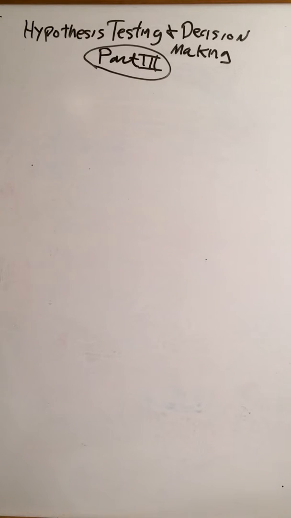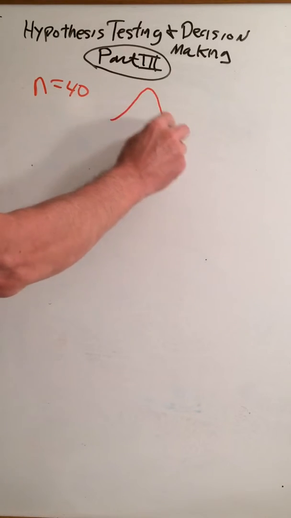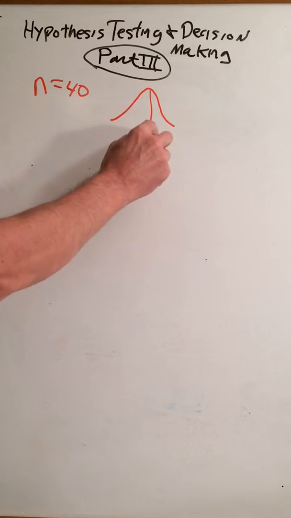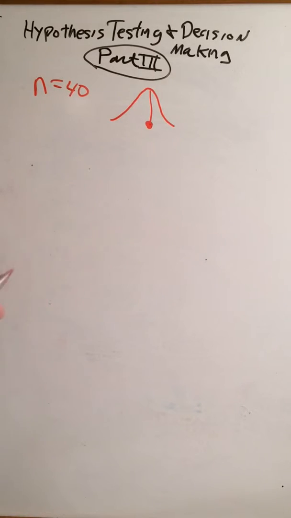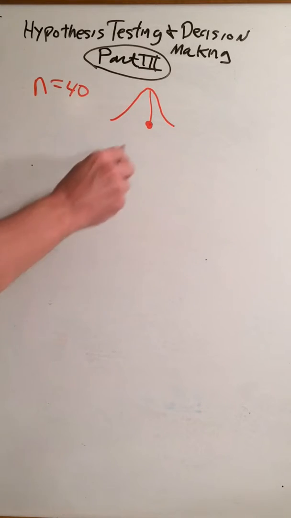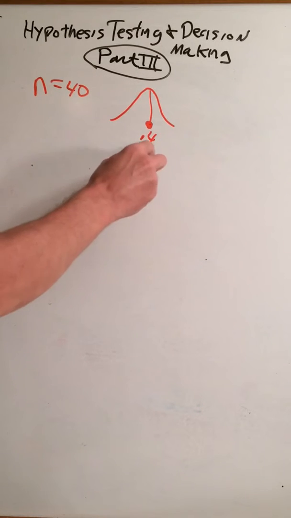We were talking about a neighbor trying to invest and see if this pretzel business was going to be good. They did their sample of 40, and they did not reject the null hypothesis. Again, the null hypothesis was that 40% would buy pretzels, so 0.4 or more.